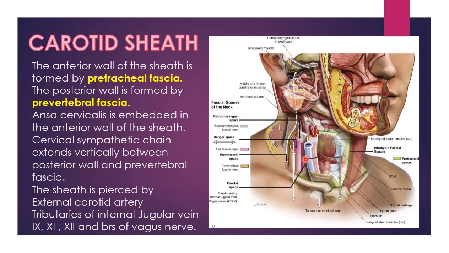You are able to see the great vessels. Anteromedially is the artery, and laterally what you see is the vein inside the fascial covering. It is dividing into the external and internal carotid artery, from the common carotid. Behind you have the prevertebral layer of the deep cervical fascia.